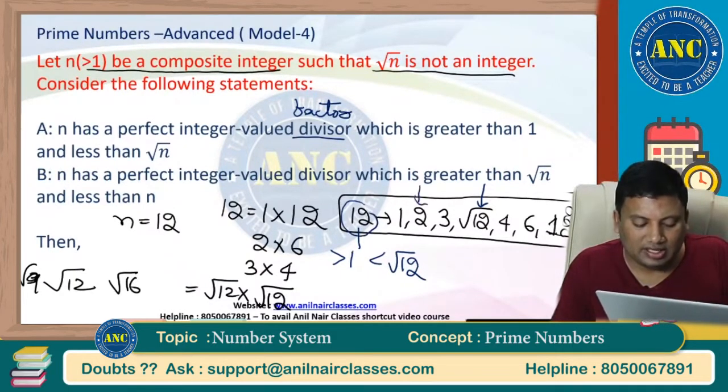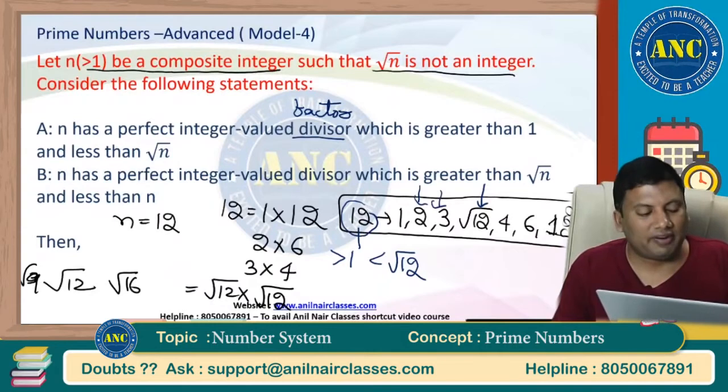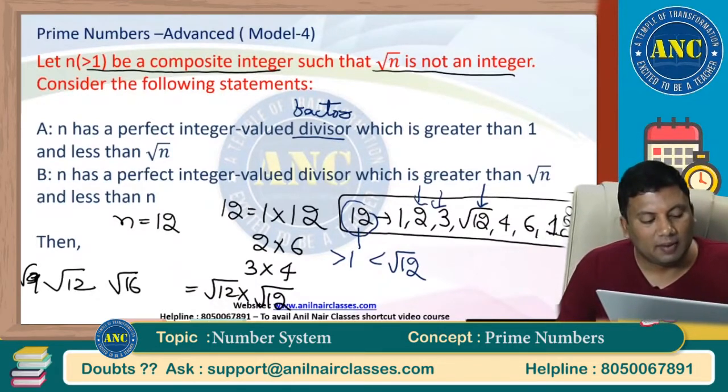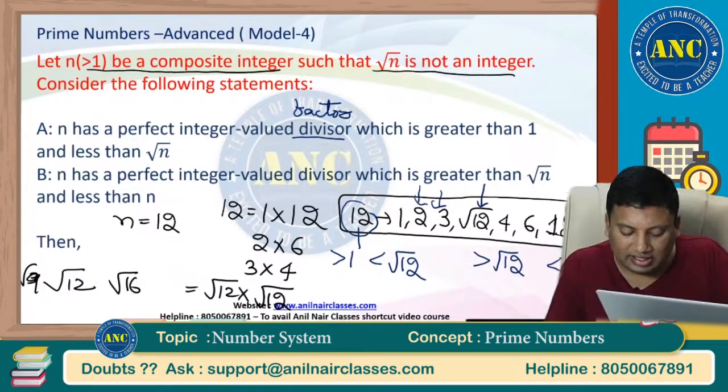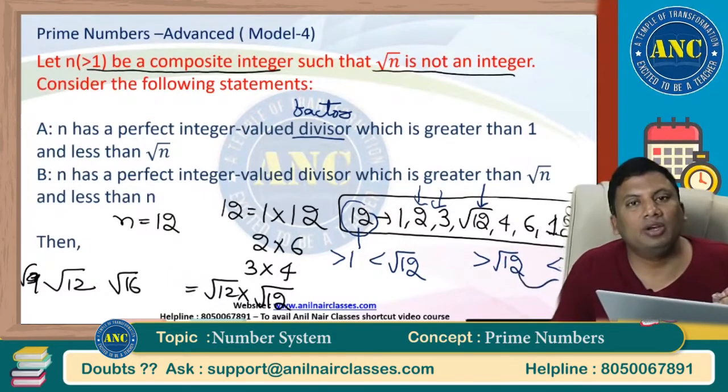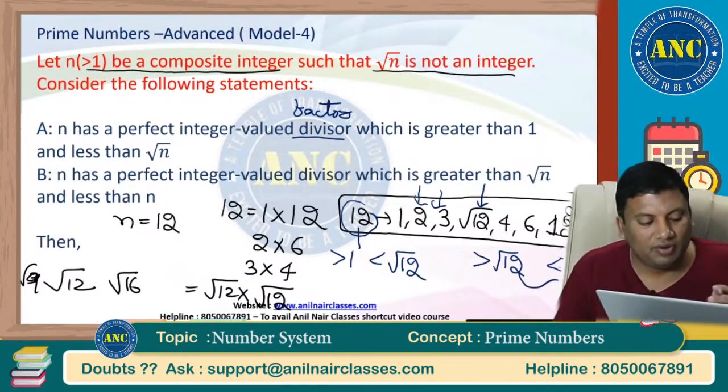Yes, 2 is a factor of 12, 3 is a factor of 12. That means take all the integers greater than 1 and less than root 12. In between you will find some numbers which will divide 12. That is what it is saying.